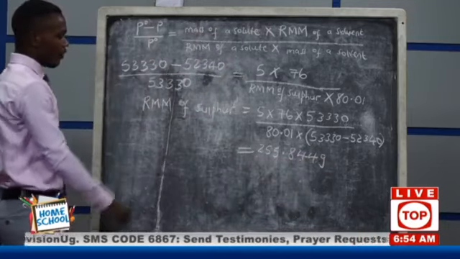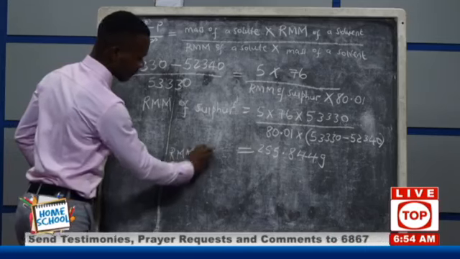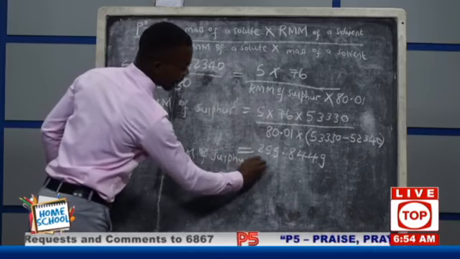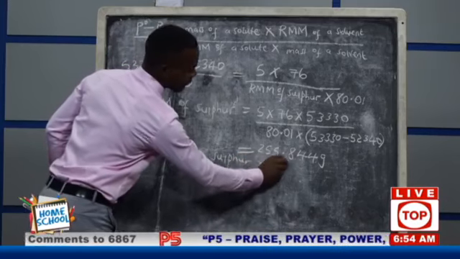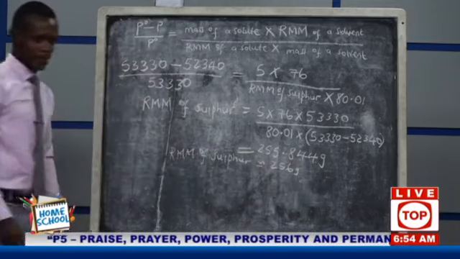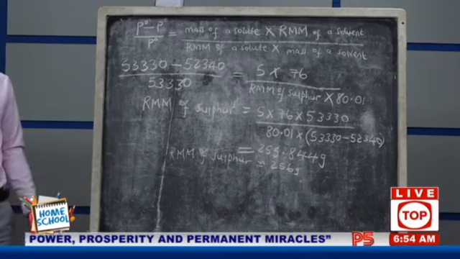Okay, so we shall say that the relative molecular mass of sulfur is approximately 256 grams.